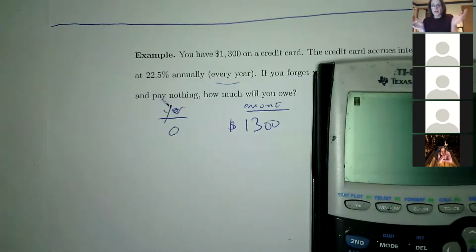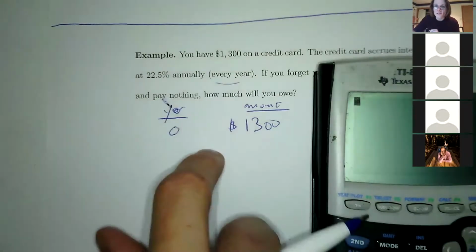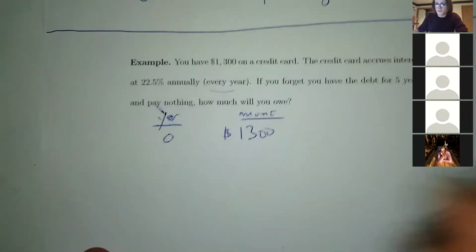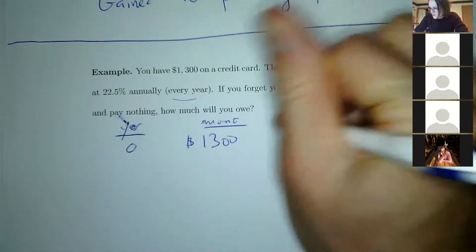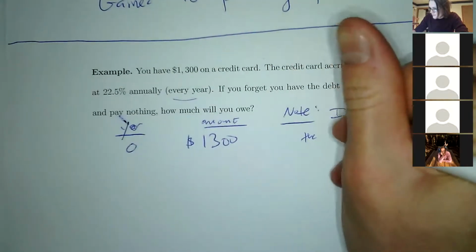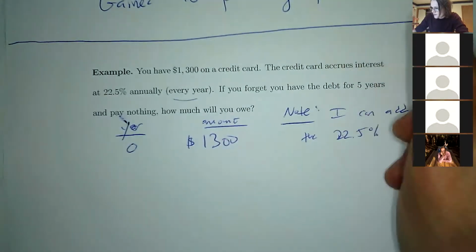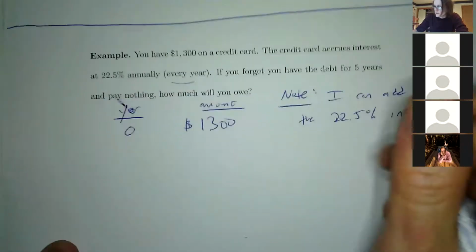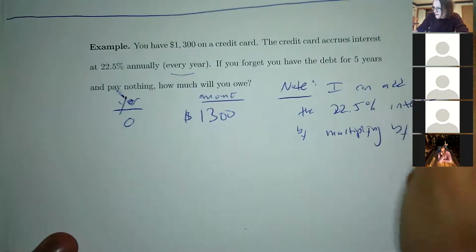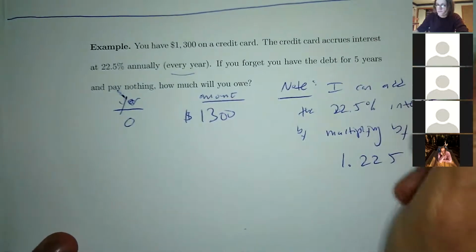We'll do it just like we did before for the tax. For the tax, remember, I multiplied by 1.0825 to add 8.25% tax on. I'm going to do the same thing for the interest. I'm going to multiply by 1.225, and that will add the interest on. So maybe I'll make a note: I can add the 22.5% interest by multiplying by 1.225.